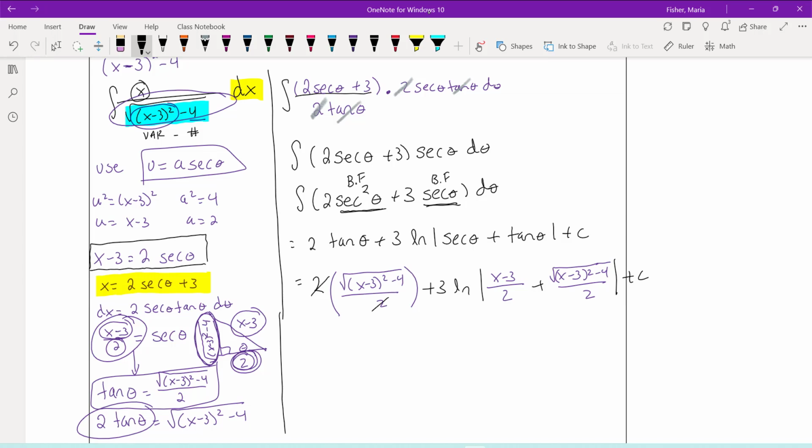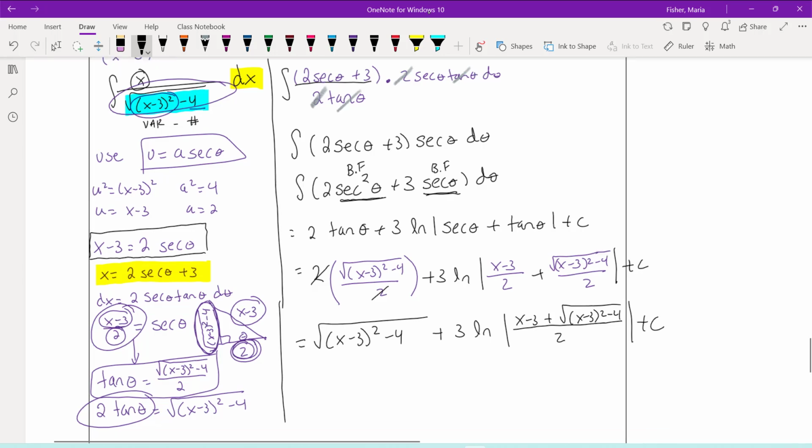Cleaning up these 2's right here, we're looking at the square root of x minus 3 squared minus 4 plus 3 natural log, and since I have the same denominator, I'm going to put this all over 2, and that's x minus 3 plus the square root of x minus 3 squared minus 4 plus c.